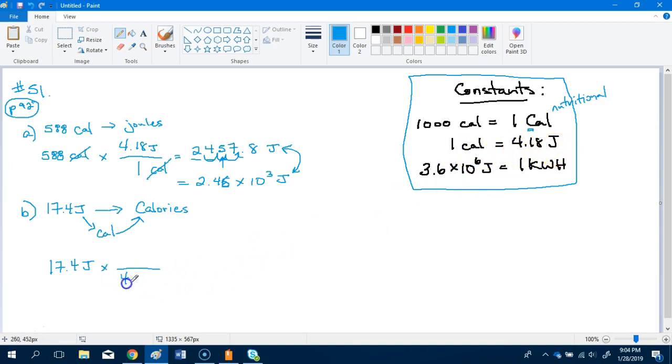I'm going to put the 4.18 joules on the bottom because I'm going to cancel out those. And 1 calorie goes on top. That's my conversion factor. That will get me to here. Now I have to get to calories. So I'm going to multiply again by this conversion factor that says 1,000 calories is equal to 1 nutritional calorie.